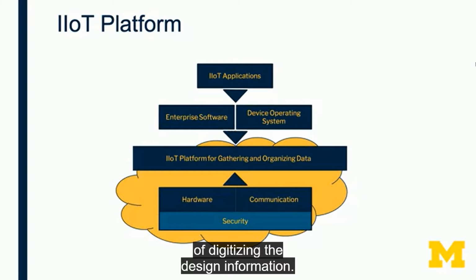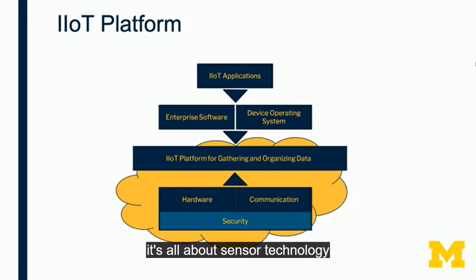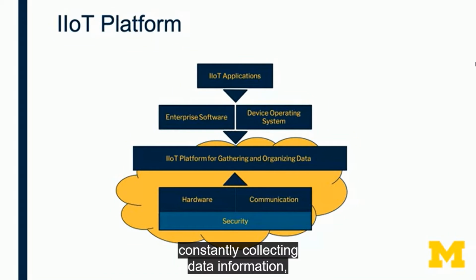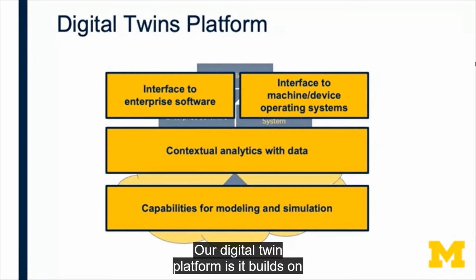As we move on to the dynamic digital twin, it is all about sensor technology, constantly collecting data and information, passing it on to keep the virtual twin more live as replicating the physical product. So in order to do that, you can see the role of sensors and the IIoT applications are right there embedded. So our digital twin platform actually builds on top of these capabilities of IIoT platforms.